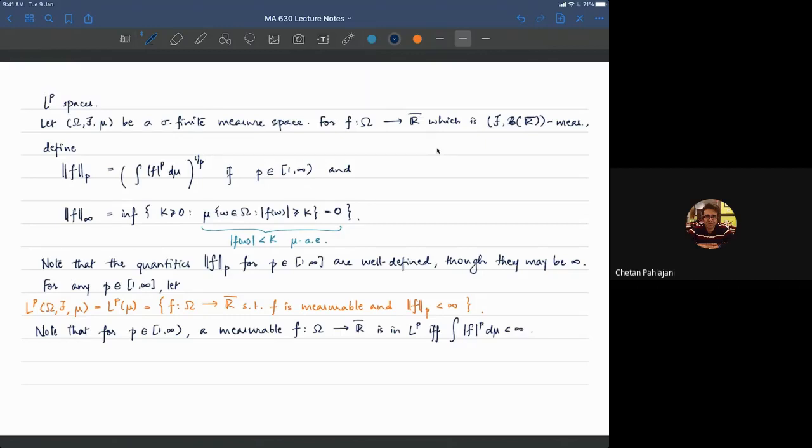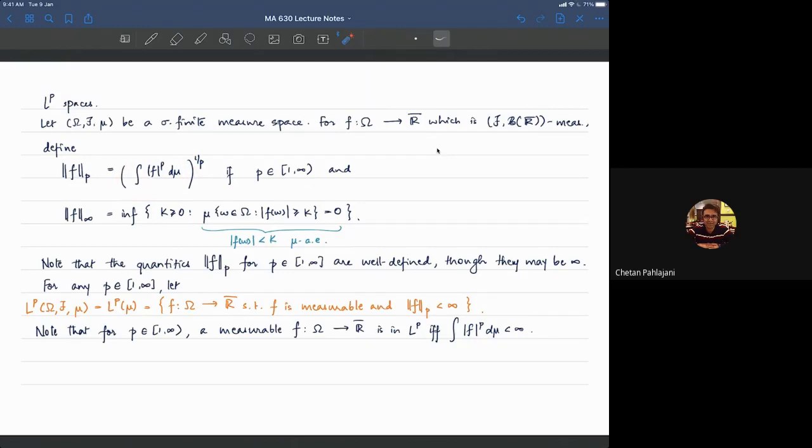I mean, this just follows from the definition. Because remember, the pth root of something is finite if and only if the thing is finite.